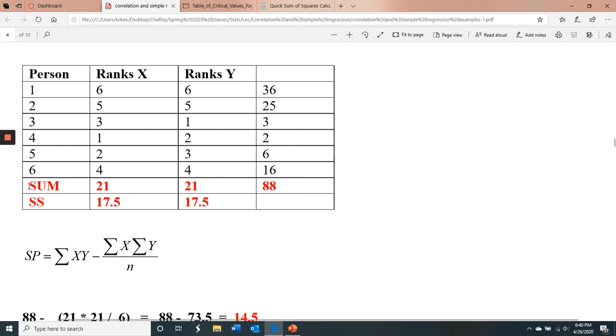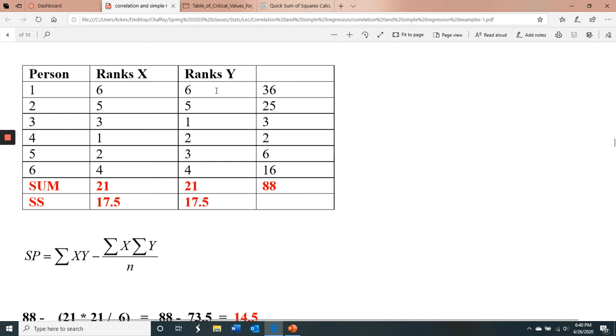Once I've done that, then I can add things. So I add X together for the ranks, and I add Y together. Notice the sum of X and the sum of Y are going to be the same. Why are they the same? Well, you have 6 people, so you're going to rank 1 through 6. You're going to have 1, 2, 3, 4, 5, 6.